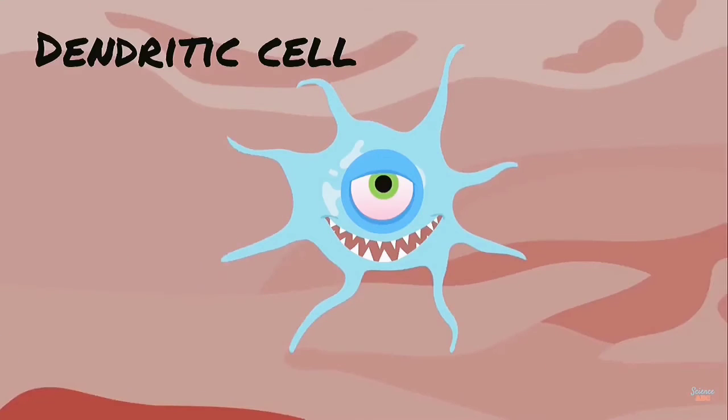And there is the dendritic cell. It has two main functions: it initiates inflammation and the T cell response, and it can stimulate the adaptive immune response by sensing microbes and interacting with lymphocytes, especially T cells.